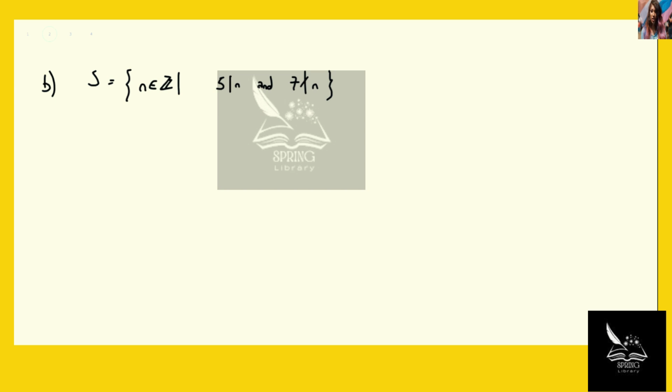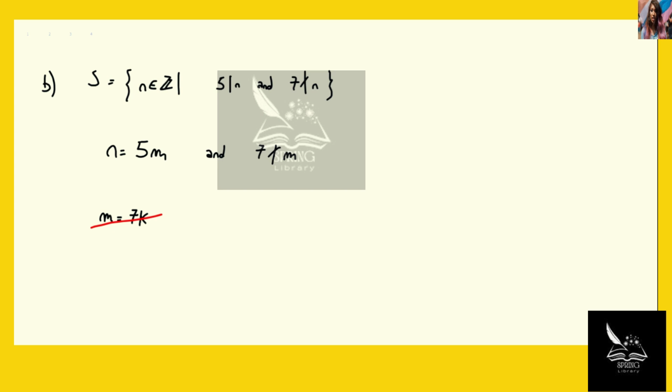Now for the case of B, we have all the integers which are divisible by 5 but not divisible by 7. So the first thing is to observe that n can be written as 5m and 7 does not divide m. Now, as in the previous case, m can be divided in 7 different classes.